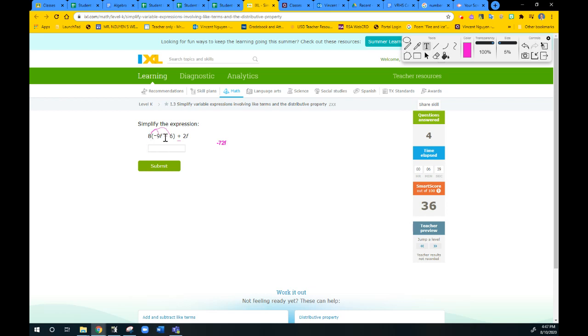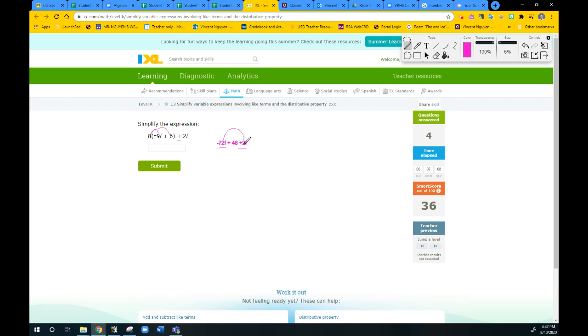And then 8, and then there's a plus sign, so 8 times positive 6, it's 48. So I add 48, okay? And then plus 2F, which is at the end. So now I see that I have F and F here, so I can put them together.